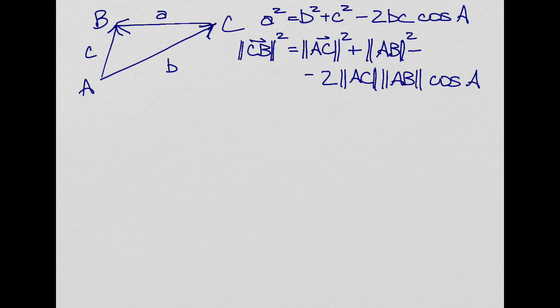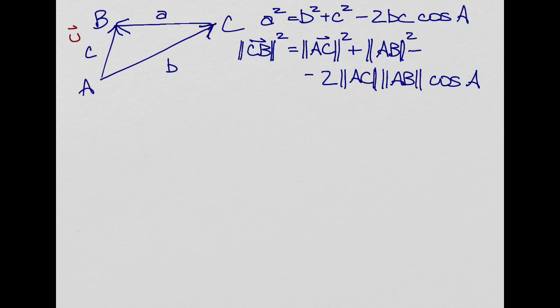Well, okay, we can clean this up a little bit. There's a lot of magnitude markings and a lot of A's and B's and C's. Let's see if we can make the notation a little easier. I'm going to name the vector that goes from A to B, I'm going to call that U, just for simplicity.